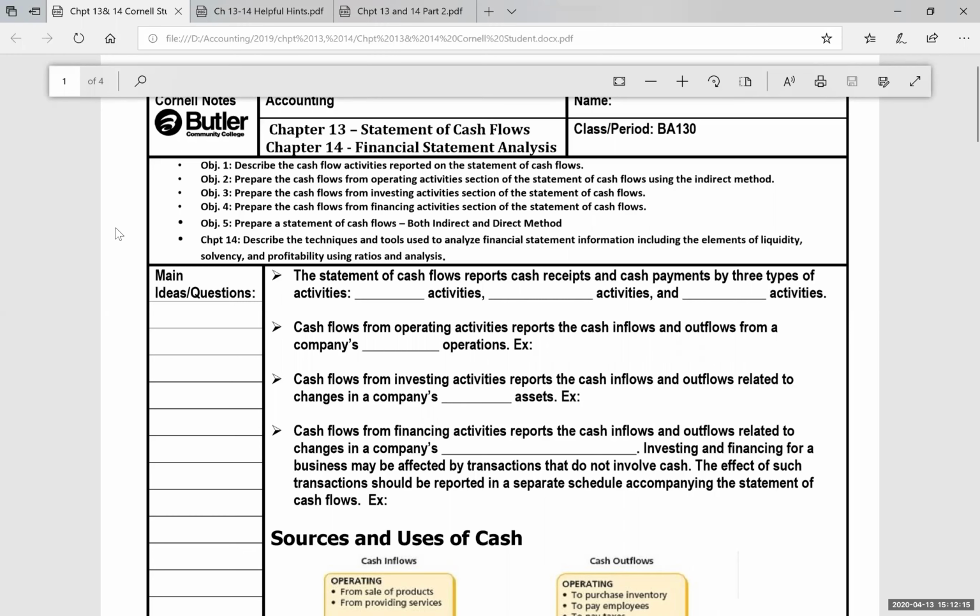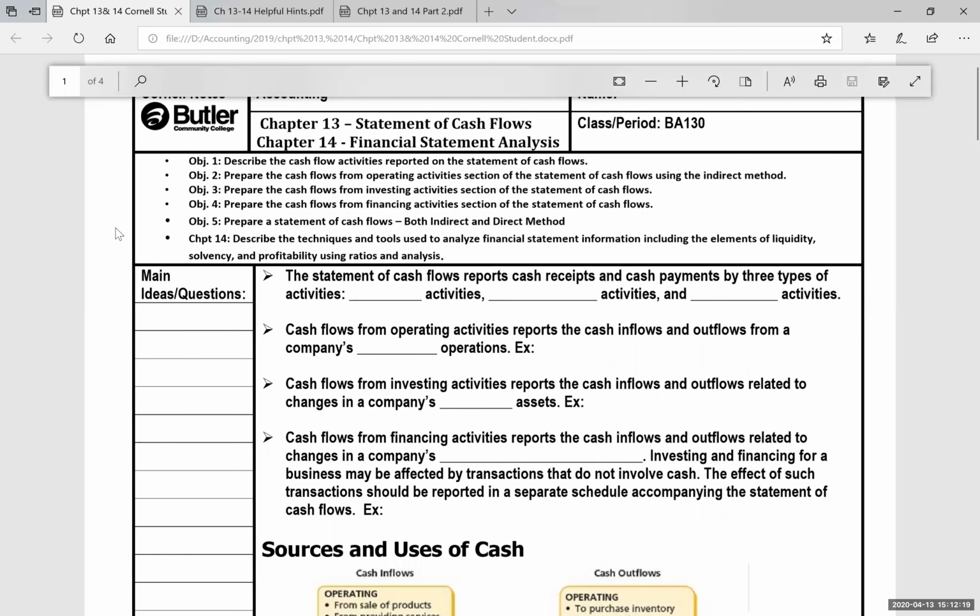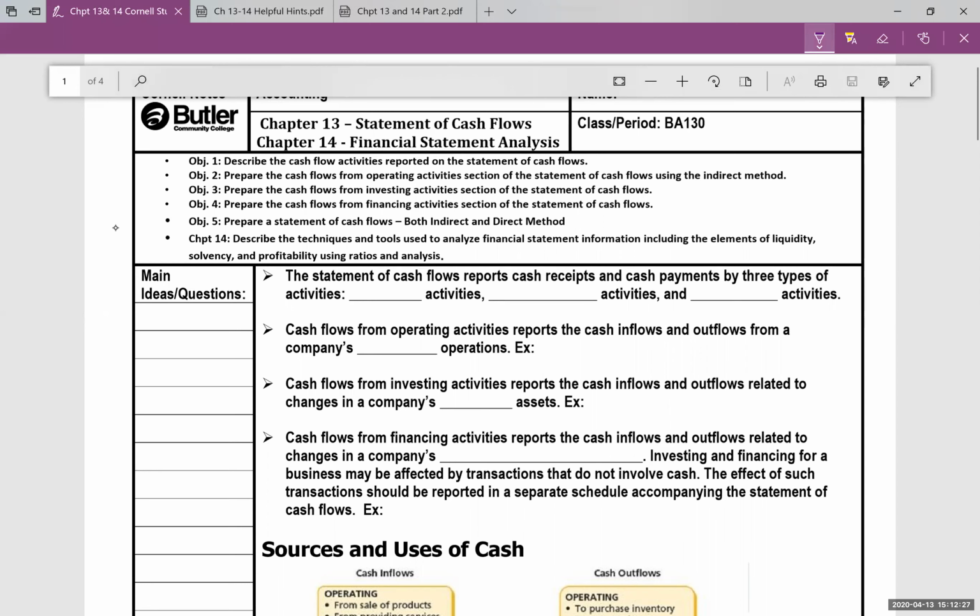So, getting started here, the statement of cash flows reports cash receipts and cash payments by three types of activities. And those activities are operating. The second is investing.